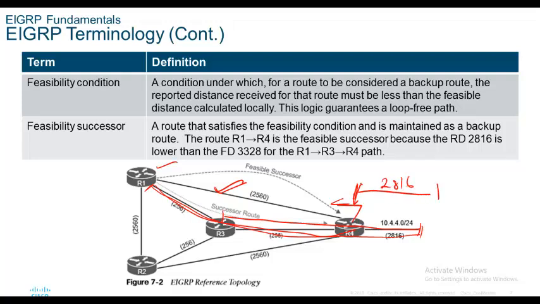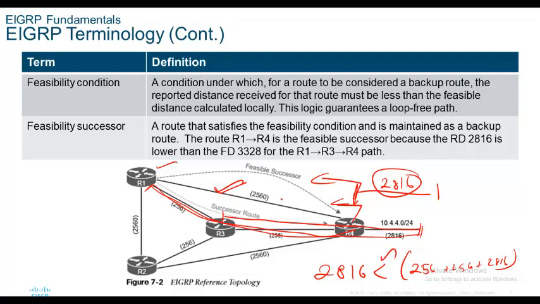Topology table. EIGRP contains a topology table that makes it different from a true distance vector routing protocol. That is true. The distance vector routing protocols don't really maintain a topology table, but EIGRP does. That is why EIGRP is an advanced distance vector routing protocol.